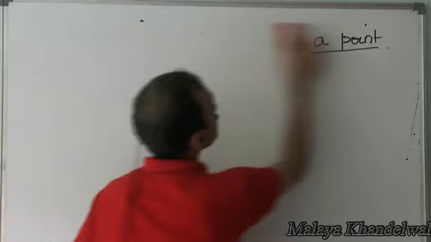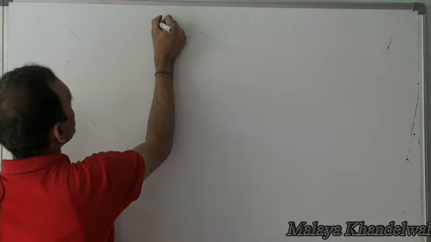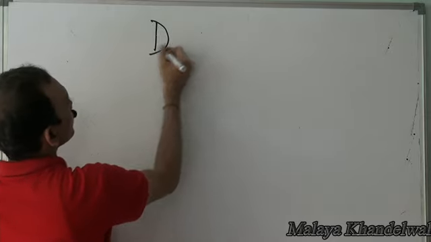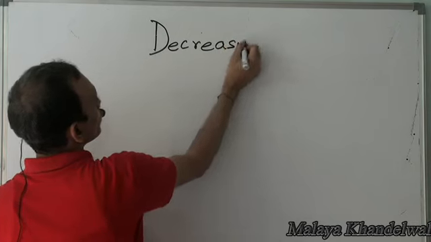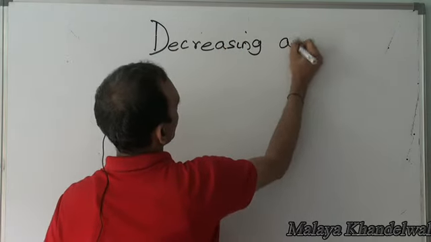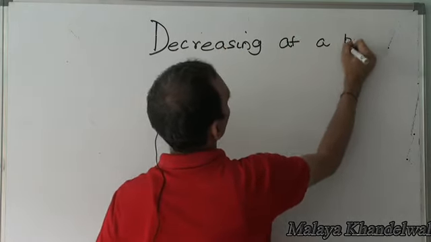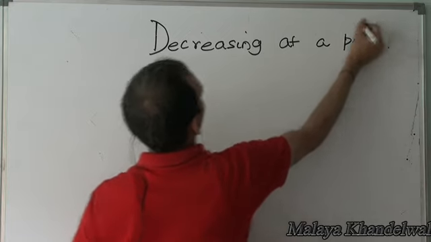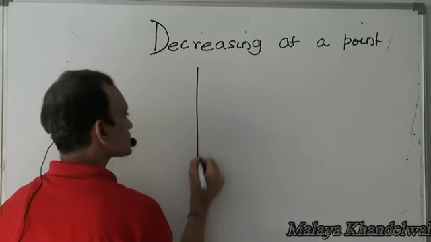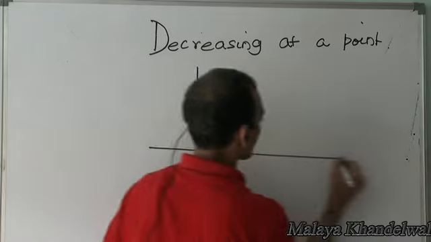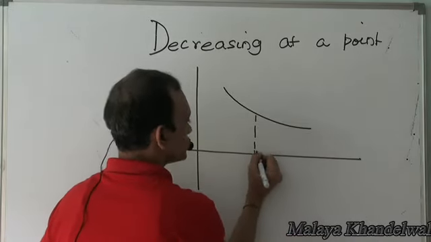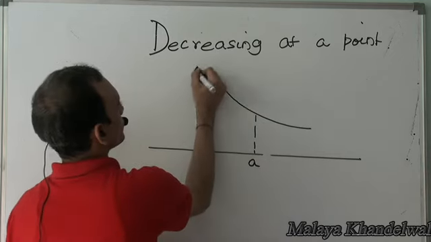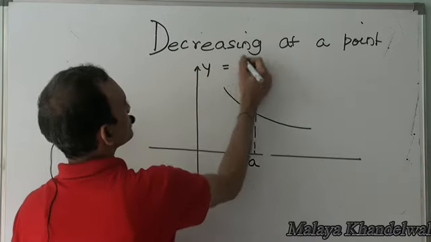Strictly decreasing at a point, or decreasing at a point. What it really means is, again, this is a point x equal to a. This is a certain function.